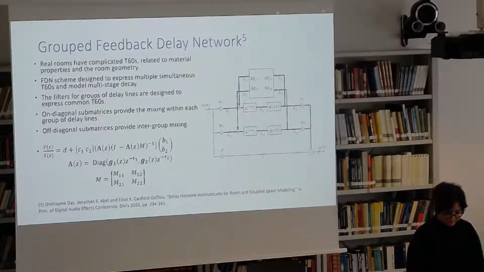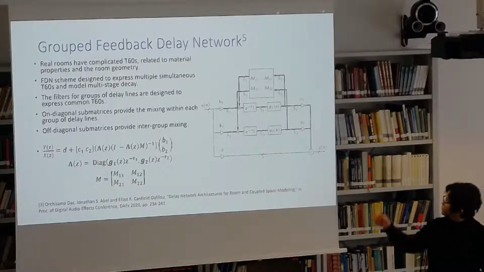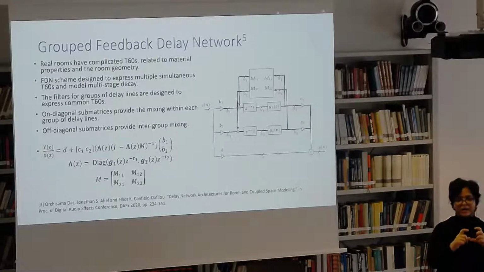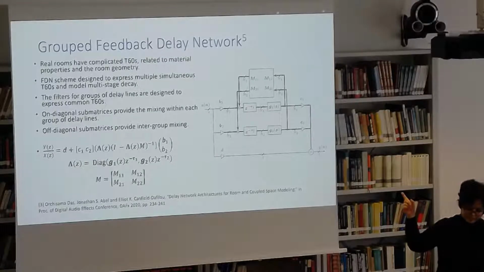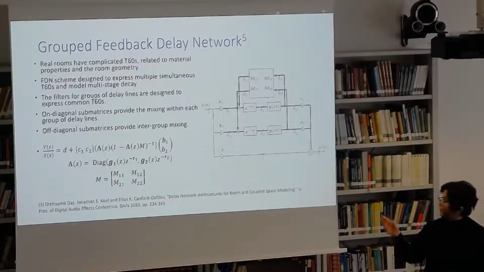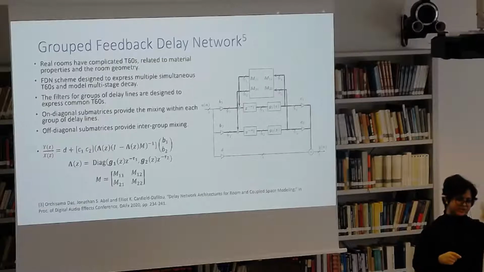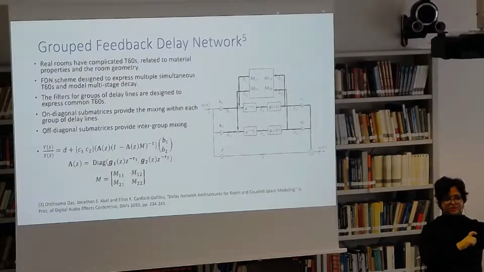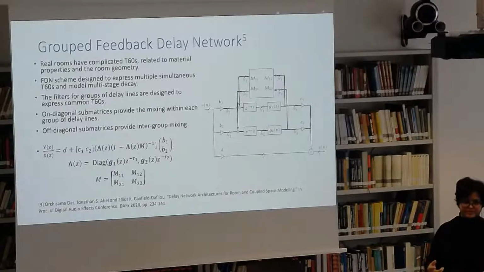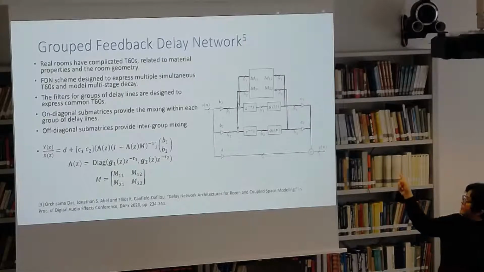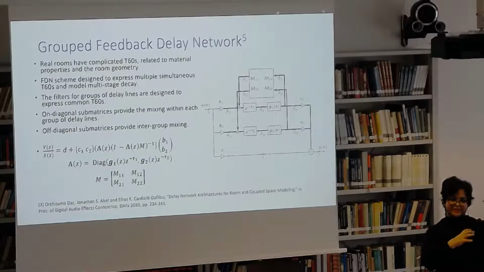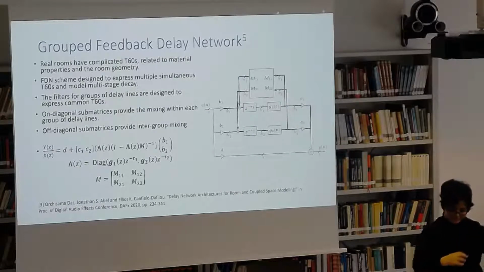And then there is this block mixing matrix over there, which determines how these 2 FDNs are coupled with each other. So on the diagonal elements, that's M of 1,1 and M of 2,2, that's just how the delay lines within each FDN are connected to each other. Whereas the off-diagonal elements, which is more interesting, is how the 2 FDNs are connected to each other. So how the delay lines among the 2 FDNs are connected to each other.